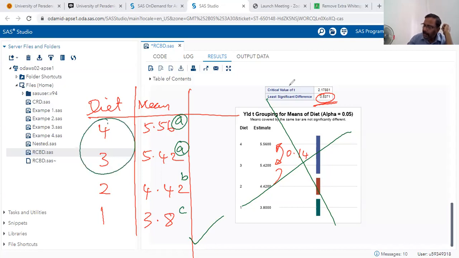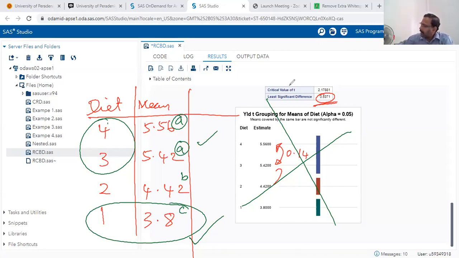So feeding with diet 4 and 3 gives more or less the same results, but they give higher milk yield than diet 2 and 1. The lowest yield was obtained from feeding with diet 1. So this is how we can interpret.